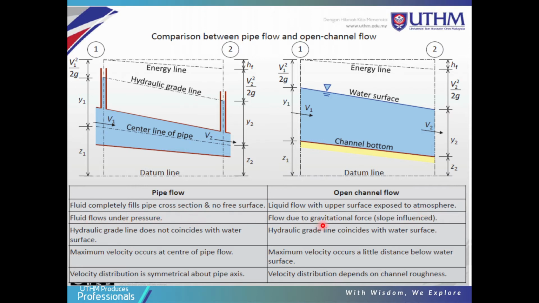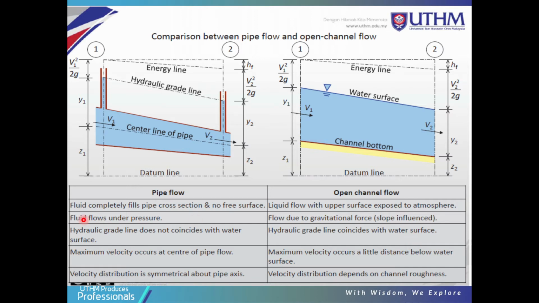In open channel flow, slope influences it, using gravitational force, gravity. The hydraulic grade line does not coincide with the water surface for pipe flow, while for open channel flow it coincides with the water surface.